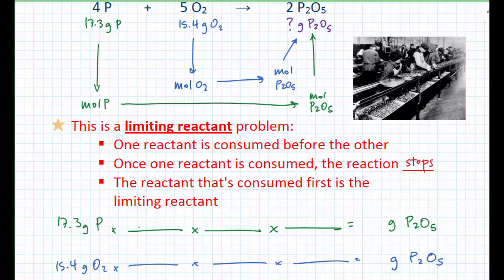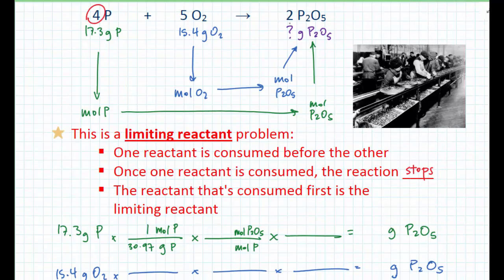All right, so we're first going to go grams of phosphorus to moles of phosphorus. Its molar mass from the periodic table is 30.97 grams per 1 mole. Okay. So next we do a mole ratio, moles of P to moles of P2O5, the substance that we're being asked about, and those numbers will again come from the coefficients, 4 moles of phosphorus to 2 moles of P2O5.